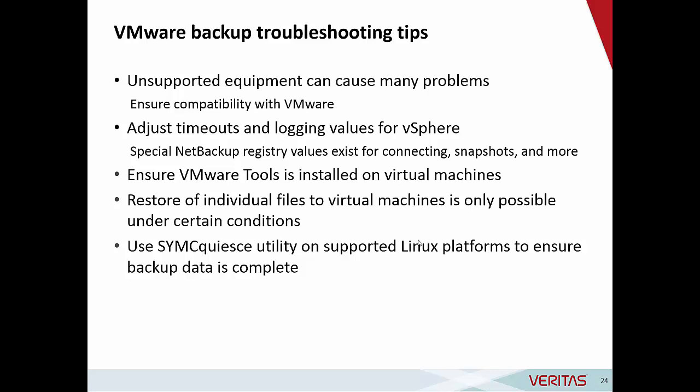With Linux, there's no such service. And so this is a package that Veritas supplies, which can be installed in the virtual machine to quiesce the file system, to make sure that the snapshot you're getting is restorable. Because otherwise, by default with Linux VMs, you're just getting crash-consistent snapshots, not snapshots that are guaranteed to be recoverable.